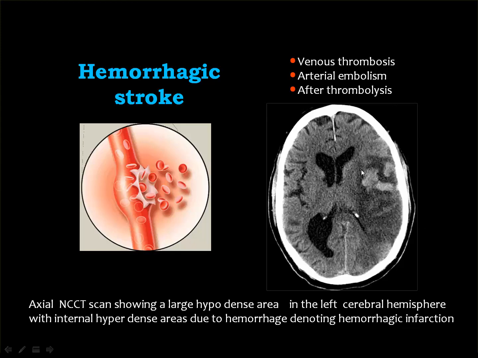If you look here and you see an infarcted area with mass effect on the ventricle, meaning that it is acute. And you see some hemorrhagic foci within the infarcted area, meaning that it is a hemorrhagic infarction. If the venous side is occluded and the blood is coming through the arterial side, then the capillary blood pressure will rise, then many of the capillaries will rupture, produce hemorrhagic infarction.